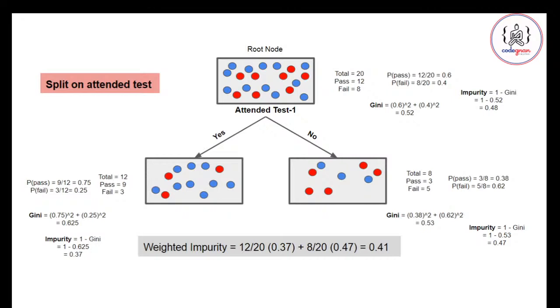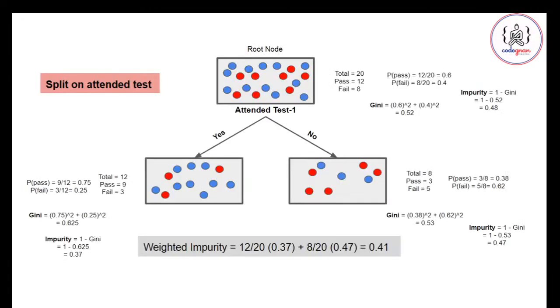Now let's move forward, and also you have to calculate this for the split on attendance greater than 80. So we are going to calculate this for attendance now, and you have to repeat all the steps that we have covered for this split on attended test.